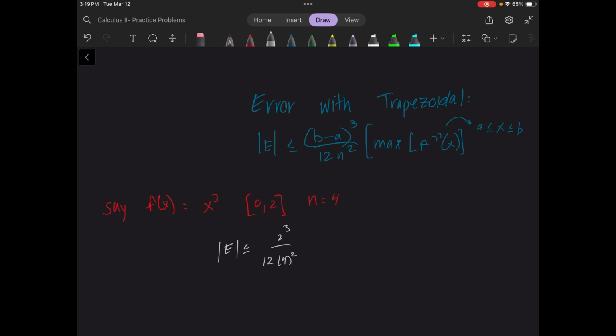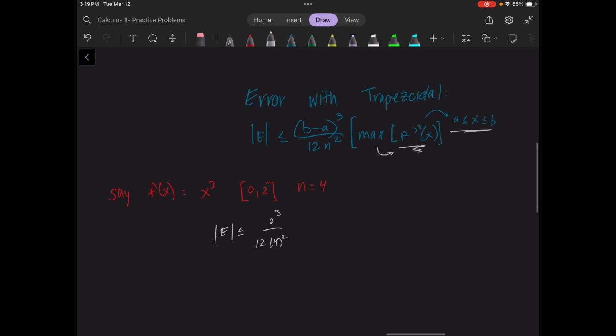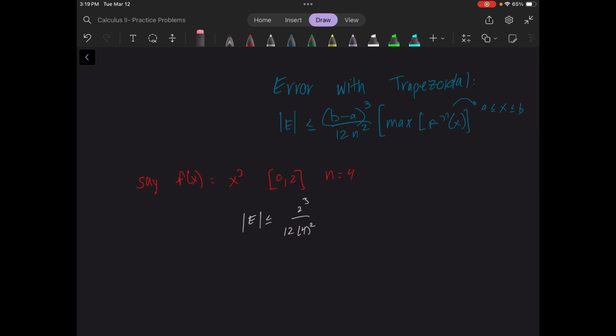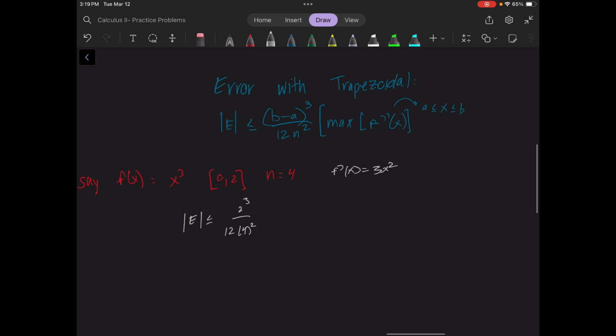What does this mean? This means take the second derivative and find the max on this interval. So this is kind of like a Calc 1 refresher. But let's figure out what f prime of x is. So f prime of x is just 3x squared. F double prime of x is then 6x.